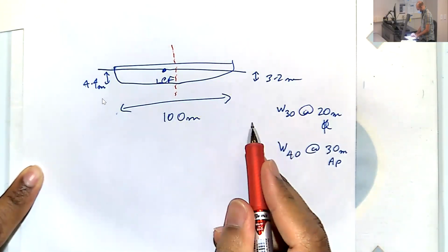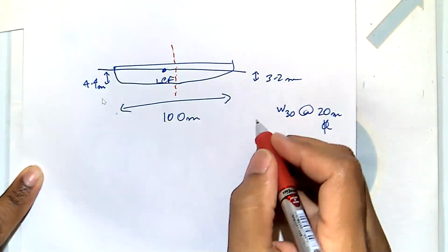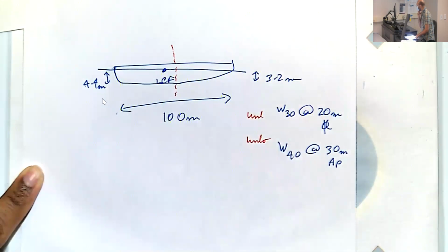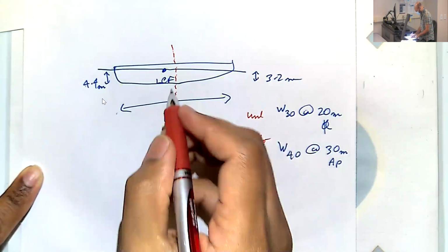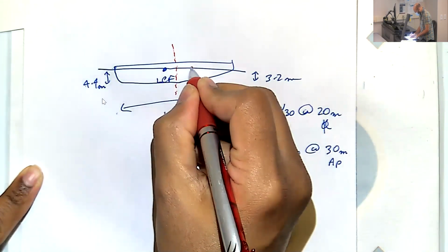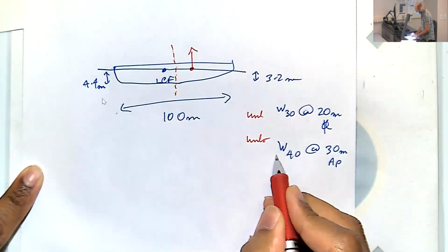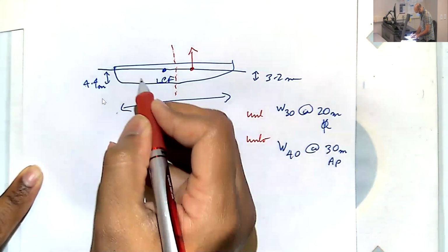Okay. You subtract 20 or, oh, 30. It's unloaded. Sorry, it's unloaded. Oh, okay. So unload. So you're taking off weight, right? So 30 ton, 20 meters from midships. So you know where to place it, and you're unloading it. Same thing here. You're unloading 40 ton from 30 meters from aft.